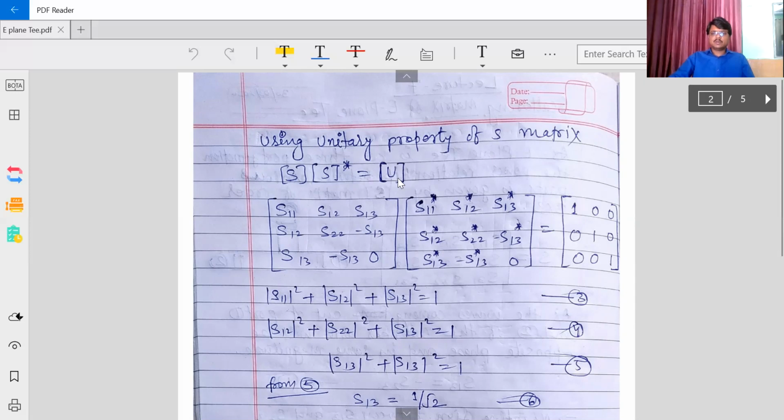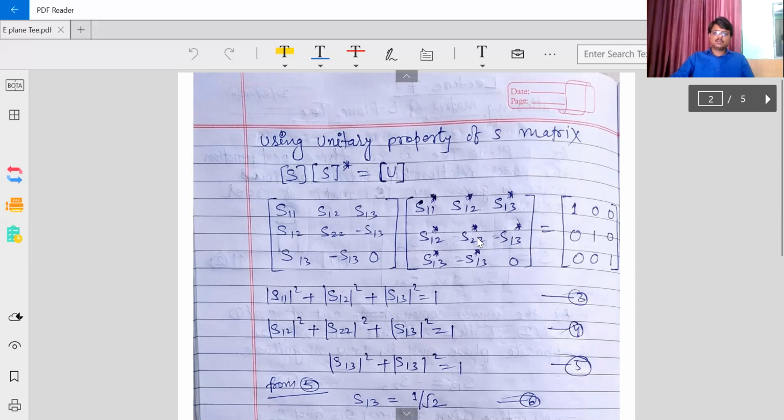So S into S conjugate is equal to the unitary matrix. Unitary matrix means the diagonal entries have the value 1. This is the definition of a unitary matrix.